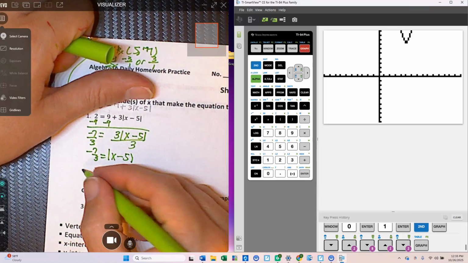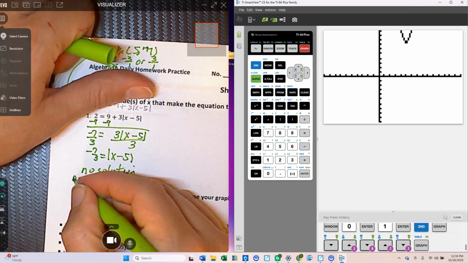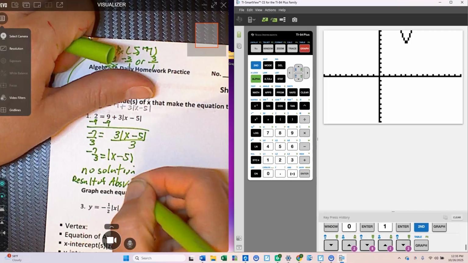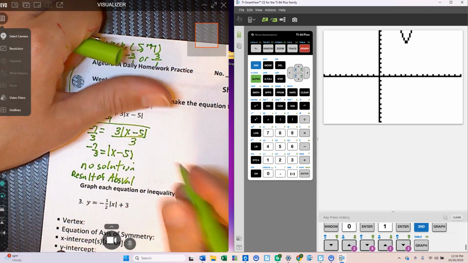So this is no solution. Result of absolute value.